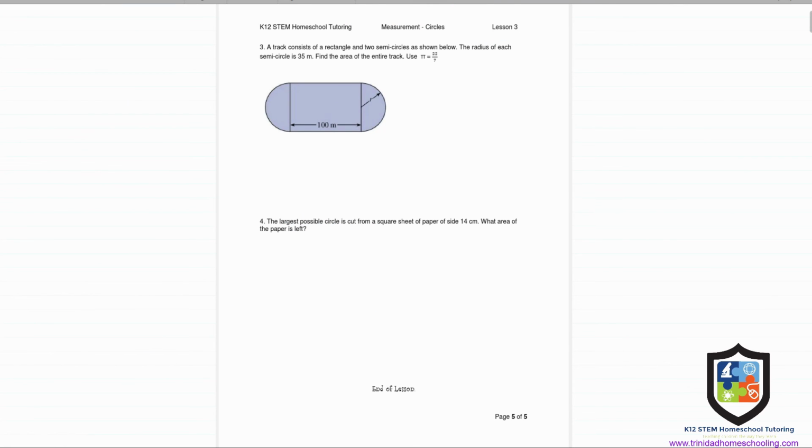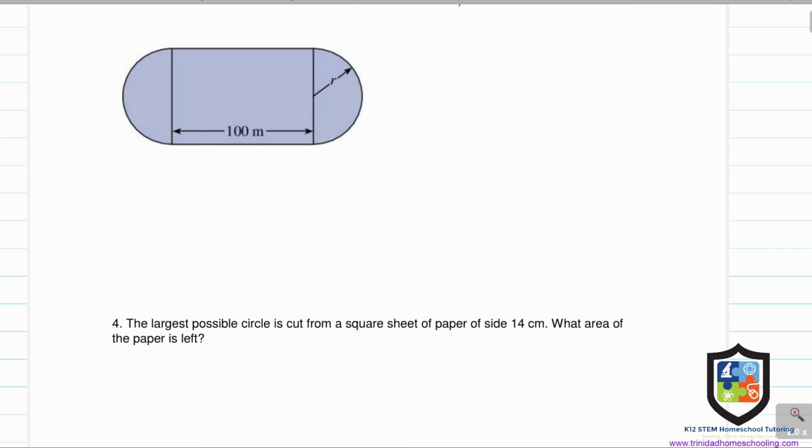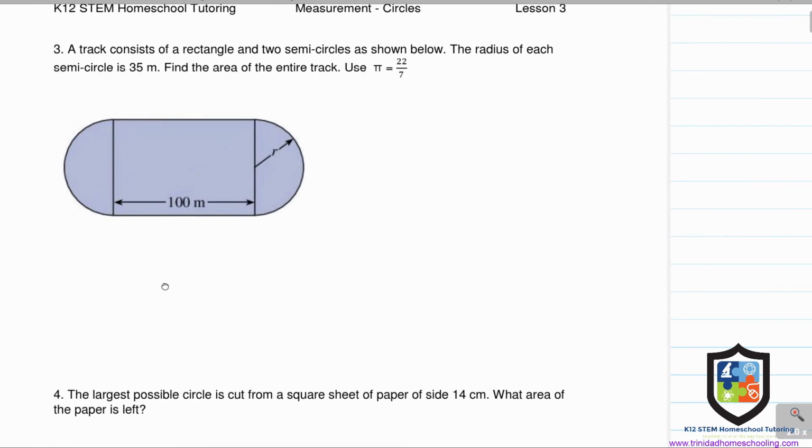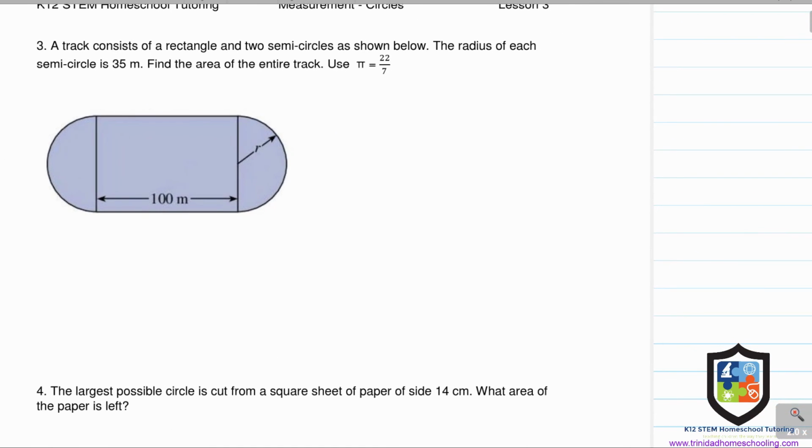Alright, so we are on the last lap here. And we have two questions. Now this is a popular question they like to bring for you to find the area of such a shape. So we have a track and it consists of a rectangle and two semicircles shown below. Now the radius of each semicircle is 35 meters.